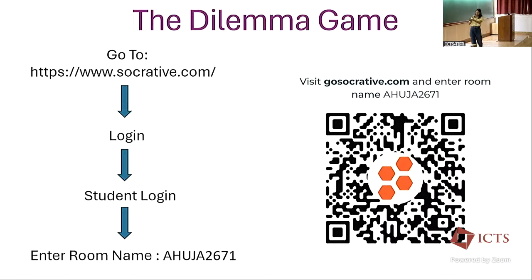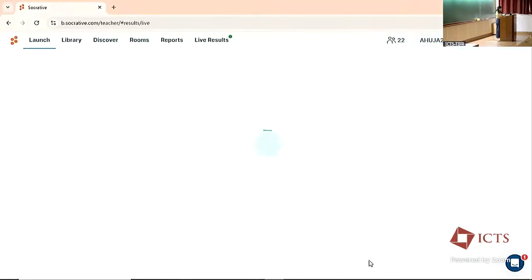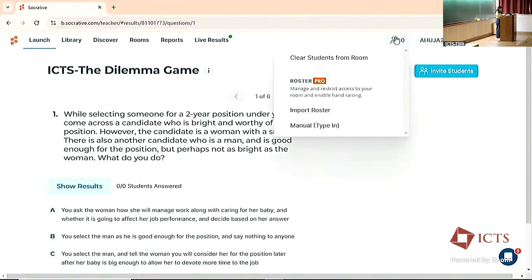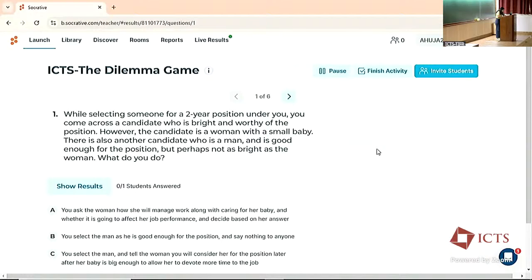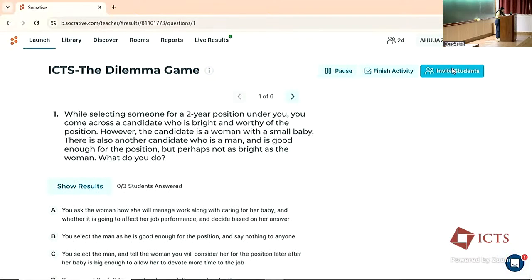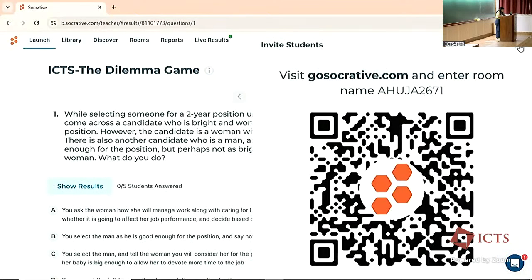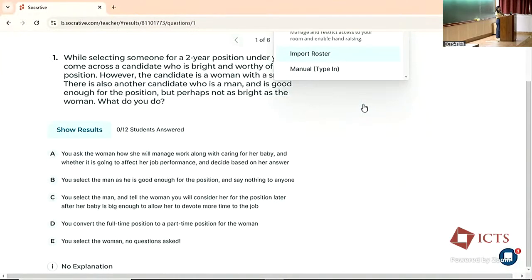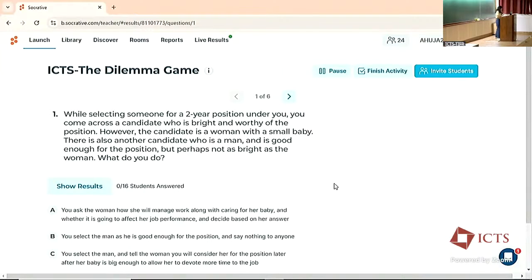You have to go to this room, AHUJA 2671, and I'll accept you in. Okay, I do not see people. It says 24, no? Okay. Is everybody in and can see?